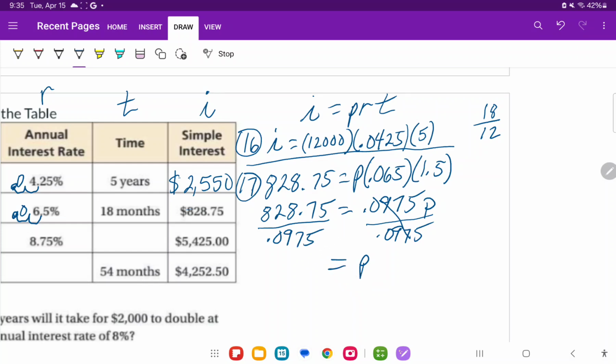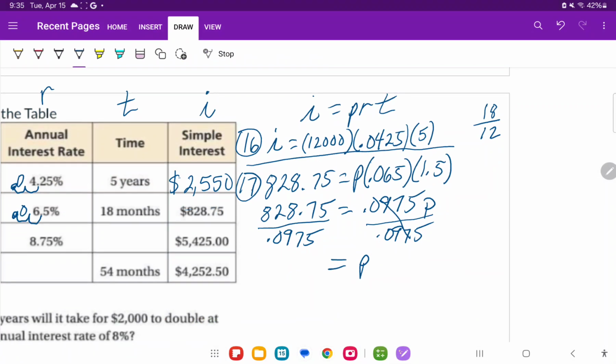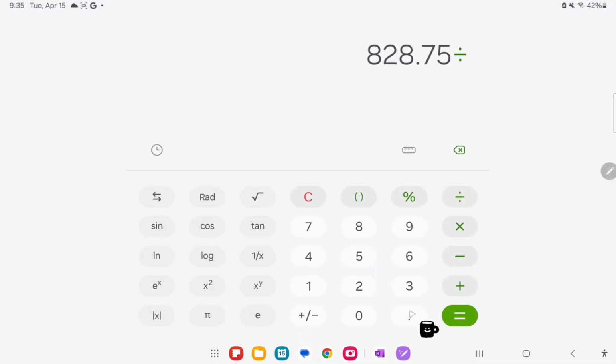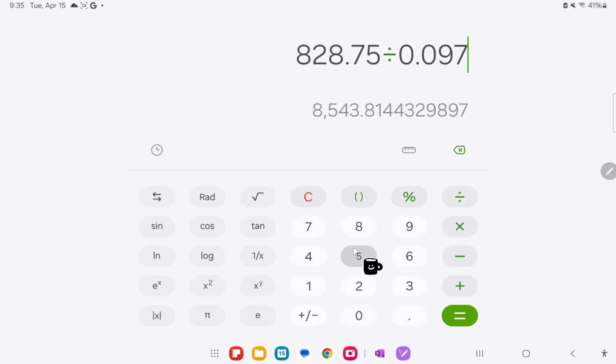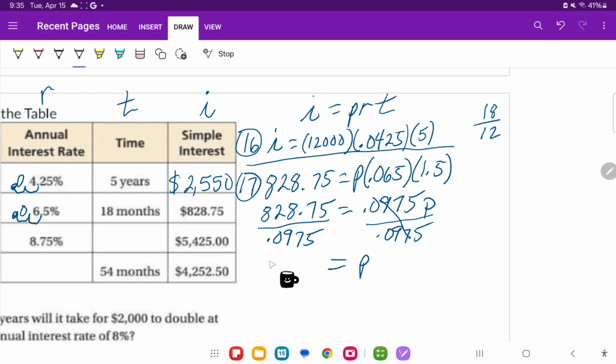So 828.75 divided by 0.0975, and look, that comes out to exactly 8,500. Isn't that awesome? All right. $8,500. Okay.